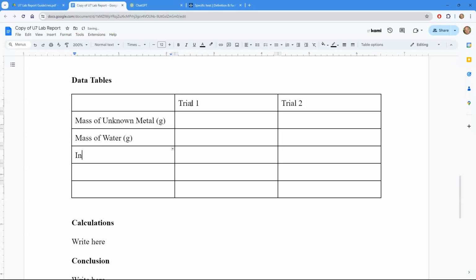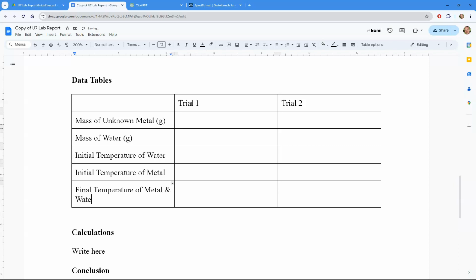We have initial temperature of water. We have initial temperature of metal, and then final temperature. And this is going to be, I'll just put, of metal and water. Okay, we need to include units.